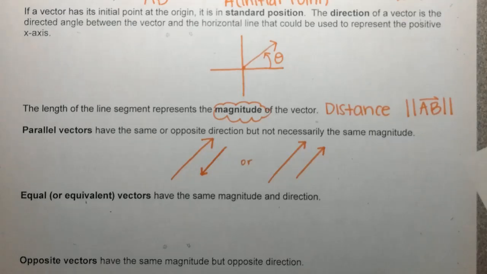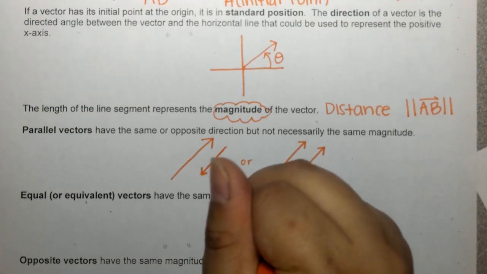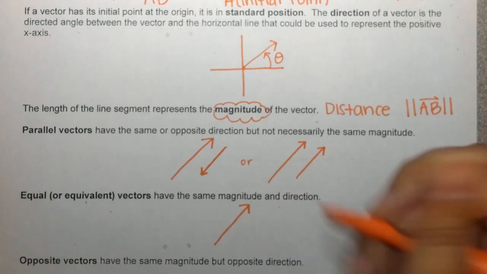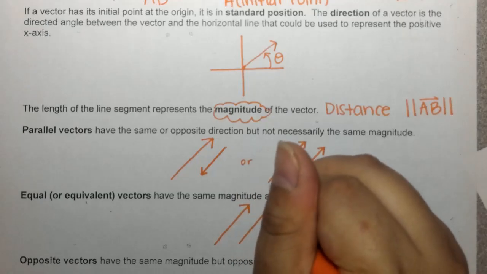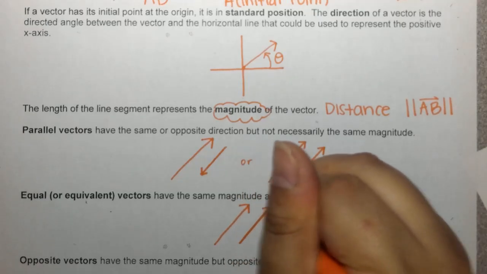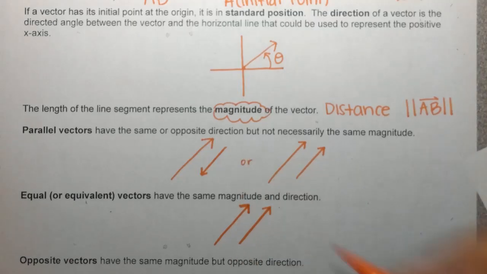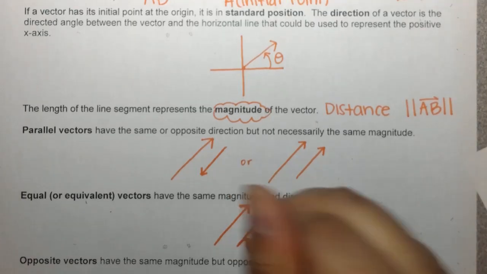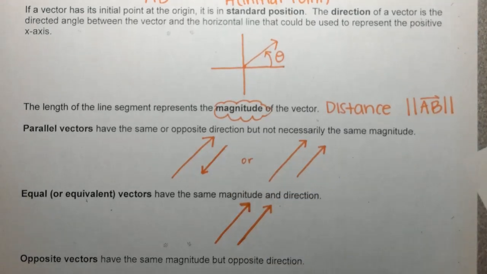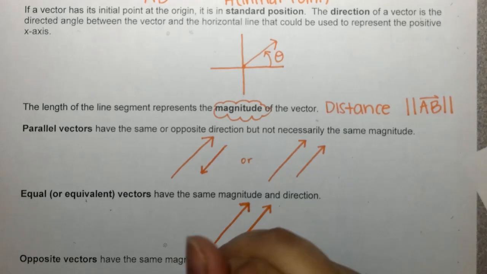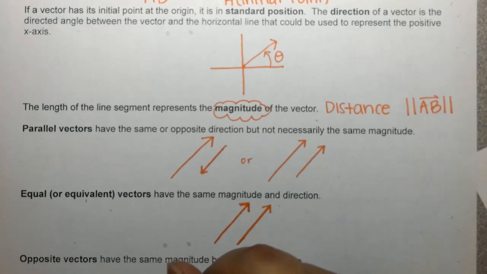Equal vectors or equivalent vectors have the same magnitude and direction. And opposite vectors have the same magnitude but opposite directions.